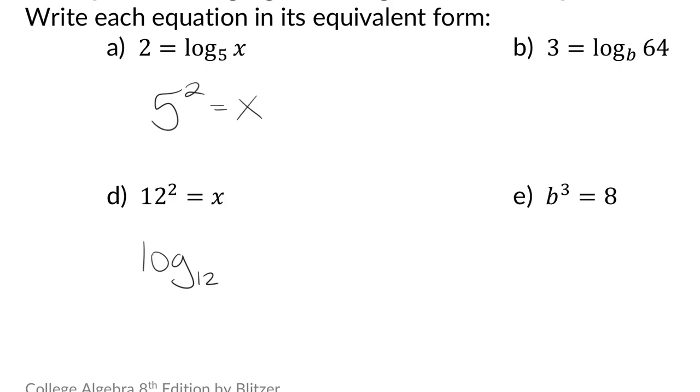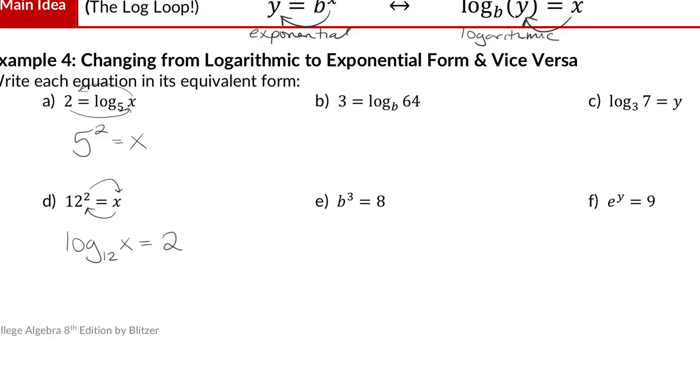X, that means X is going to go on the inside, and this is going to be equal to 2. So again, base stayed the same, and I just changed the location of these. It's looping them from inputs to outputs and outputs to inputs. I want you guys to finish the rest of these on this page. B, C, E, and F, please.